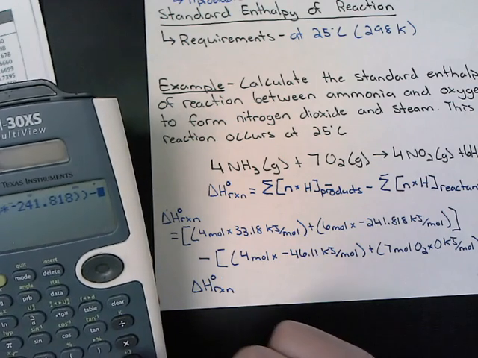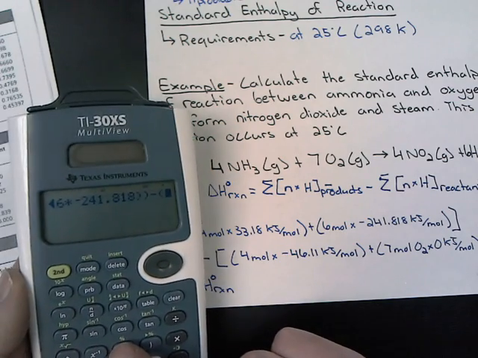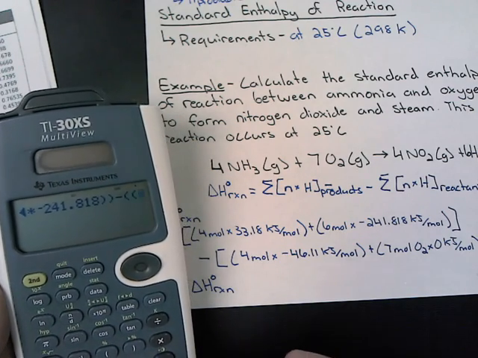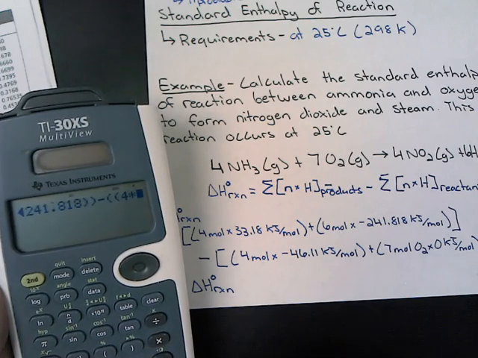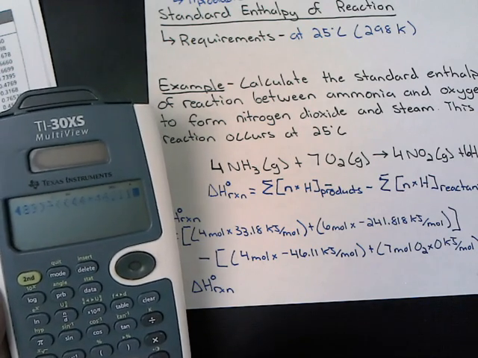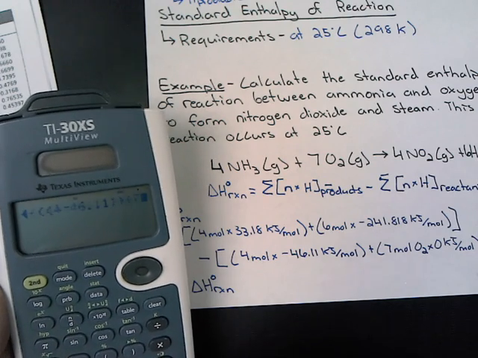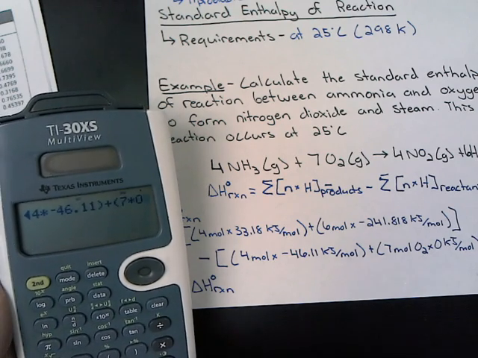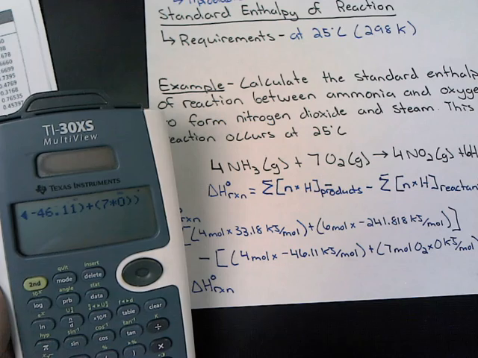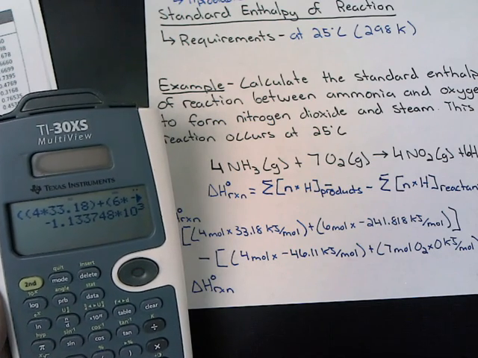Now I subtract that from double parentheses, 4 times negative 46.11, close this parenthesis, add 2, 7 times 0. Close that parenthesis, and then I press enter.